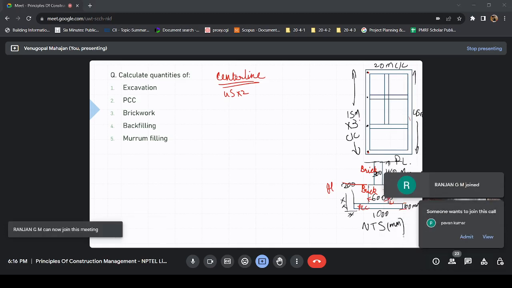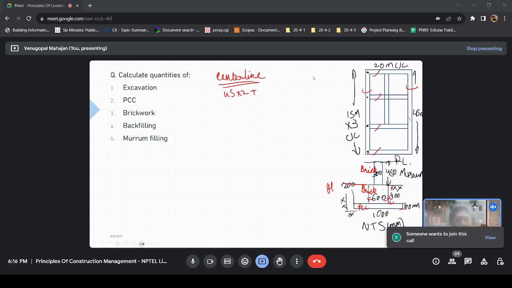For these two walls, 45 into 2, plus for these four walls, center to center would be 20 into 4, right? Plus we have another one, this one, 30 meter, right? So what is the total center line?